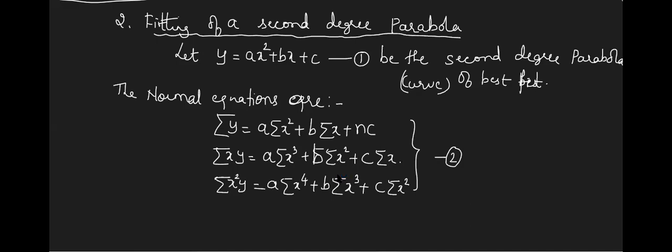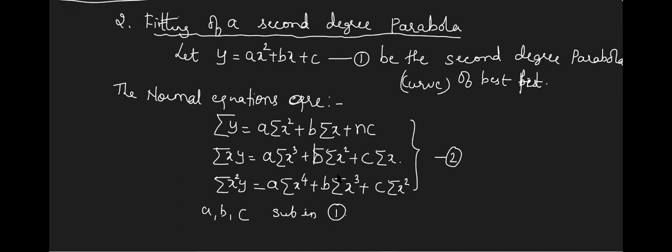Make use of that. After solving, you will get the values of A, B and C. This has to be substituted in equation 1, and that is the end of the problem. Isn't it a very easy way?